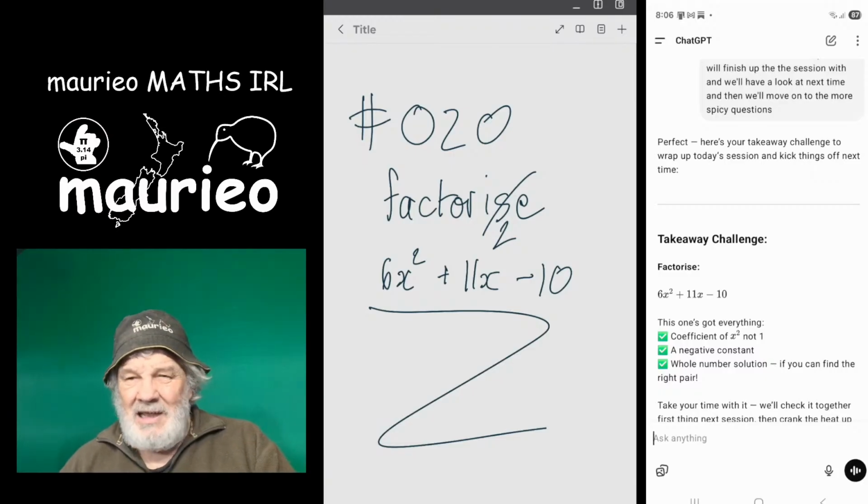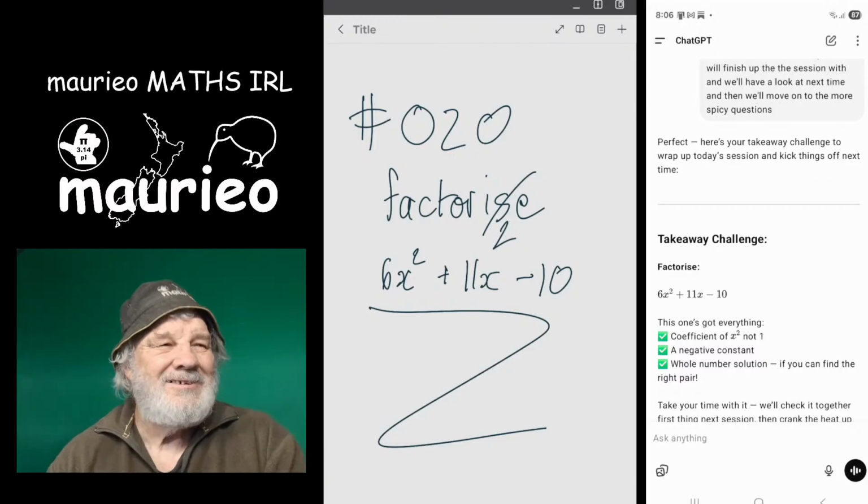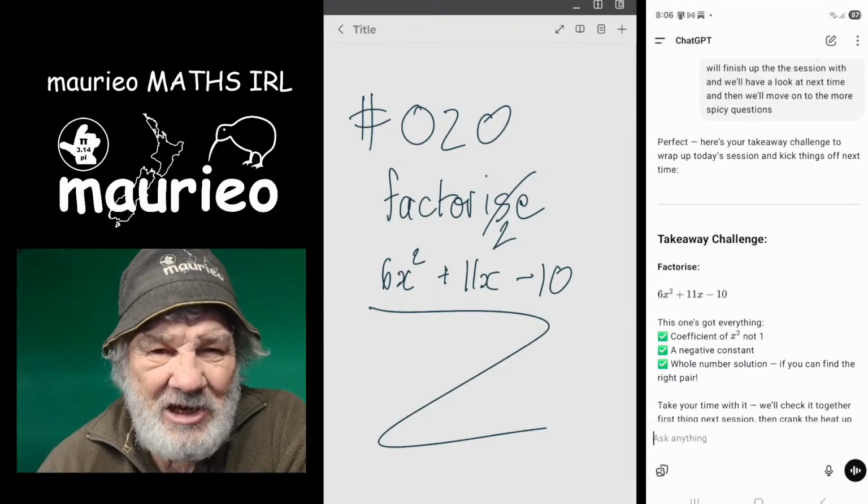So there's your takeaway. Oh, I can hardly wait. But hey, there you go.